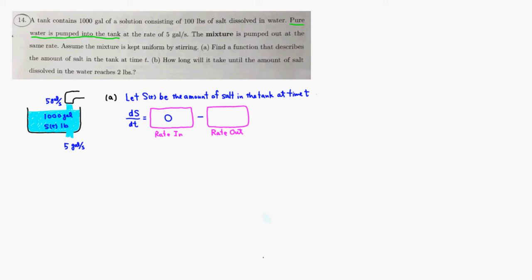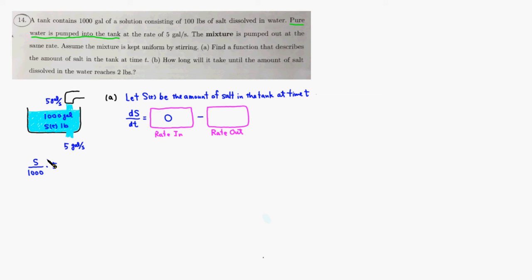Since the solution goes in and out at the same rate, the tank always has 1,000 gallons of solution in it. So the concentration of salt at time t would be S pounds per 1,000 gallons. Then we're letting it out at the rate of 5 gallons per second, so we multiply by 5 gallons per second.